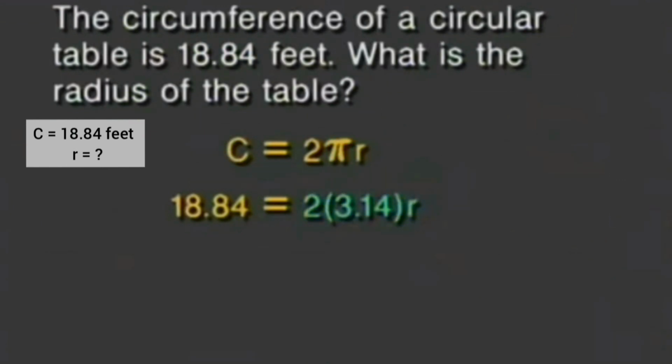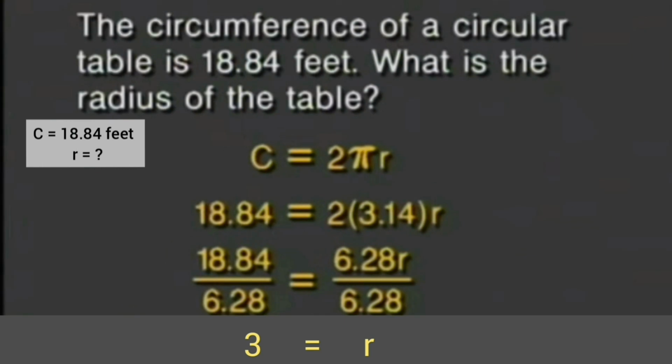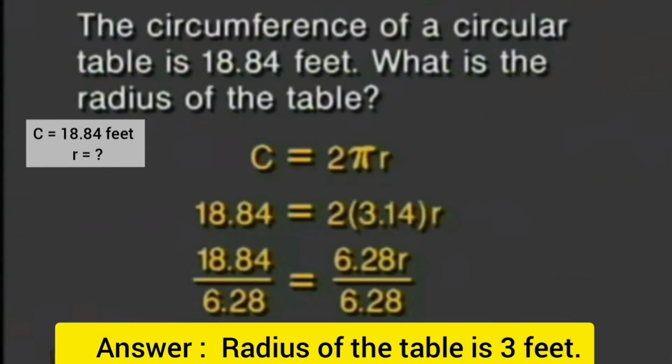The product of 2 and pi is 6.28. To solve the equation, divide both sides by 6.28. 18.84 divided by 6.28 is 3. And the right-hand side of the equation gives you r. So, the radius of the table is 3 feet.